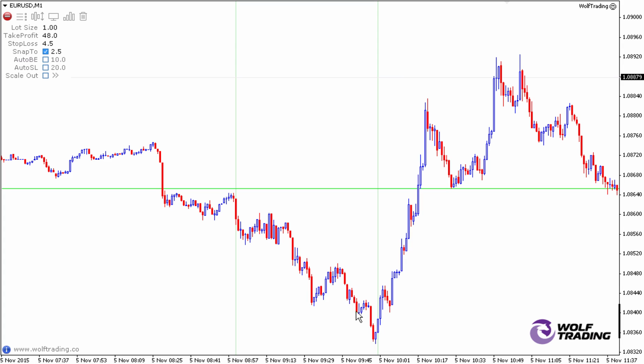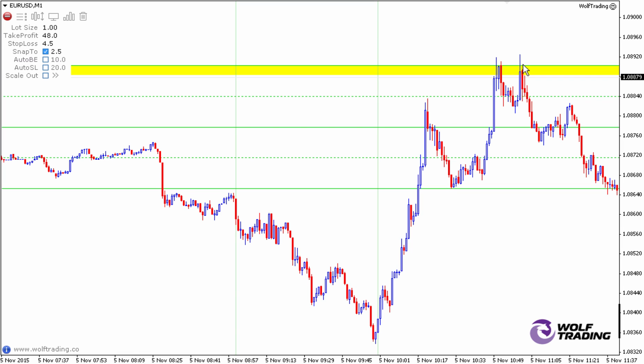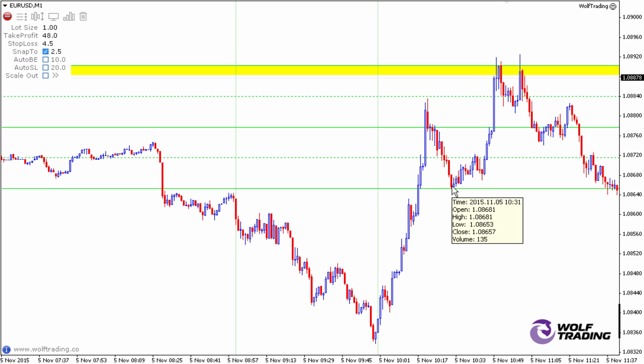I'm looking for a double of that channel and a push down, but this is a very deep pullback. This is an unusual move. My expectation is a bounce where it first bounced up to there, take profit somewhere in that yellow zone, which is another 23 pips, which brings us to 88 pips for the session.